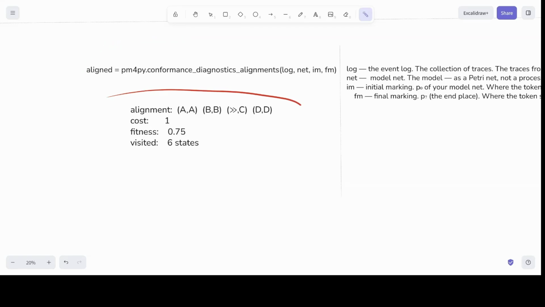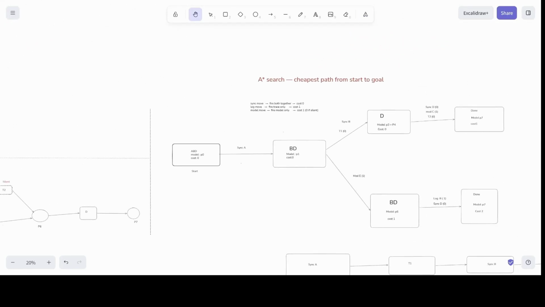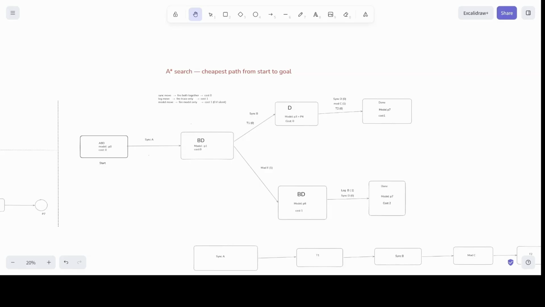And this would be the result. Alignment A, B, C, and the cost is 1. That's the winner that we discussed. Fitness is 0.75, and it visited 6 states. The 6 states are here, so these are 6 states. So as you can see here, 1, 2, 3, 4, 5, 6.